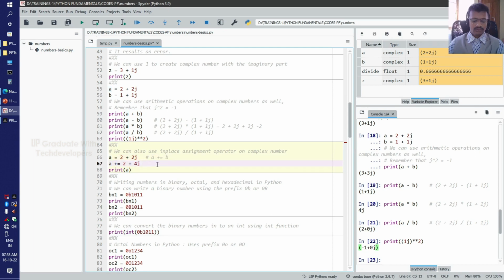So this will be equal to a is equal to a plus b. So a here is 2 plus 2j and b here is 2 plus 4j. Directly we can assign the value. So directly we are using one more complex number, that is 2 plus 4j. 2 plus 2j plus 2 plus 4j becomes 4 plus 6j. Let us print the result.